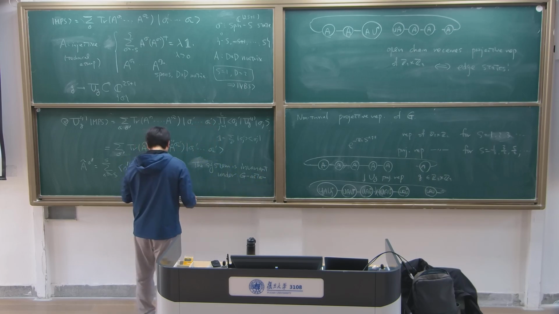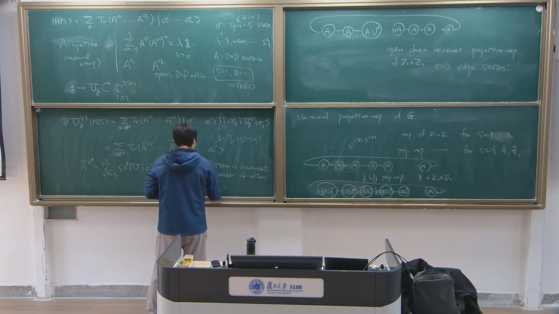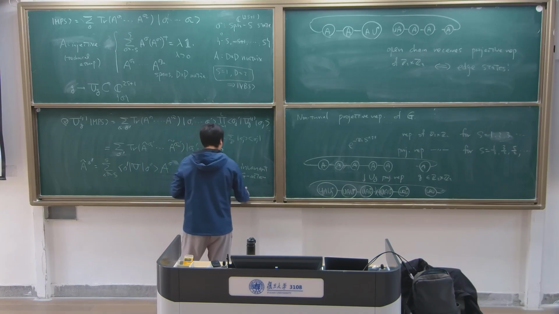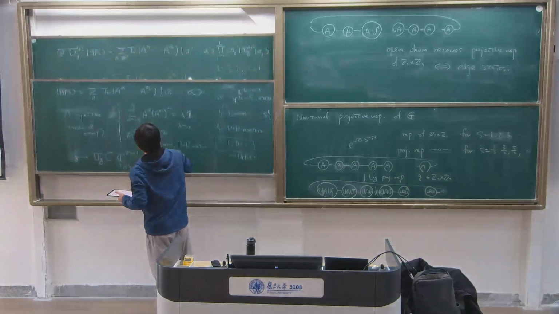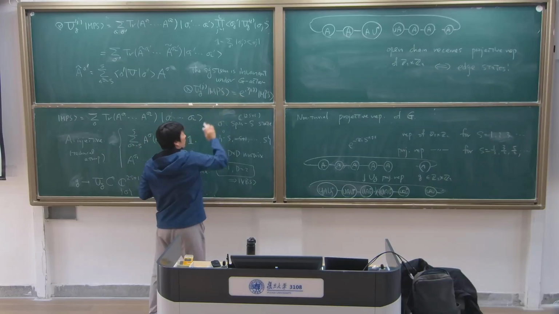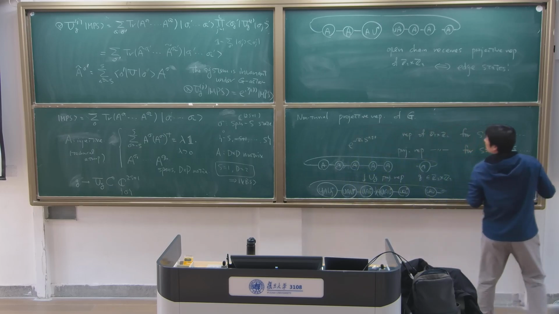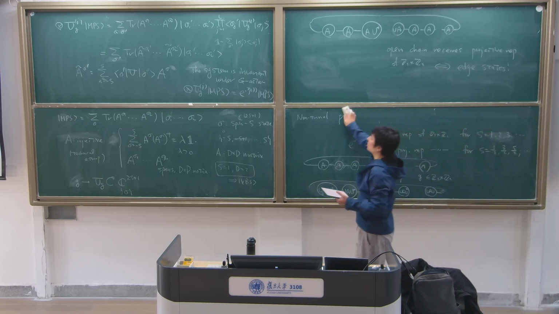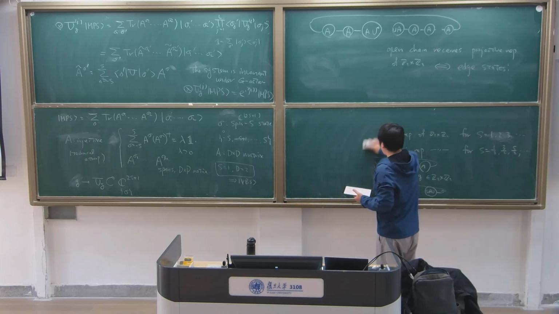Then the G action means that you just receive a phase. This means that if the action just gives you a phase times this system, in general quantum mechanics the system is invariant up to some phase.